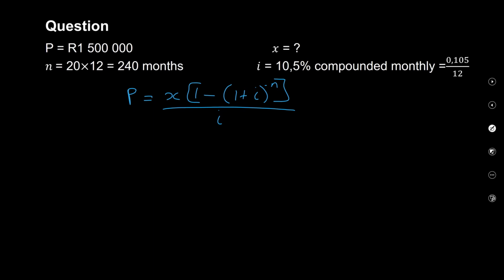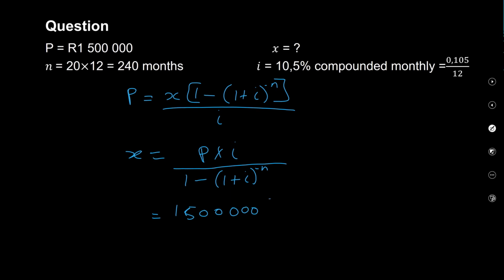So if I do that, it will be X is equal to P multiplied by I divided by 1 minus 1 plus I to the exponent of minus n, right? If you make X the subject of the formula, because that's what I'm trying to find. And this will be 1,500,000 into 1 minus, and this will be 1 plus my interest, 0,105 divided by 12, and this is raised to the exponent of negative 240.